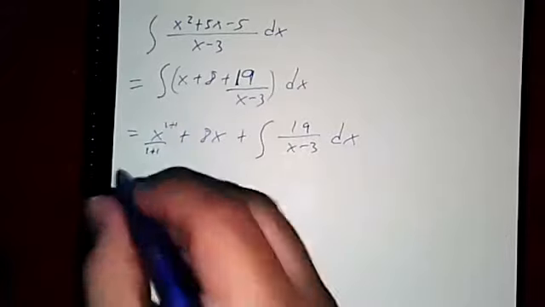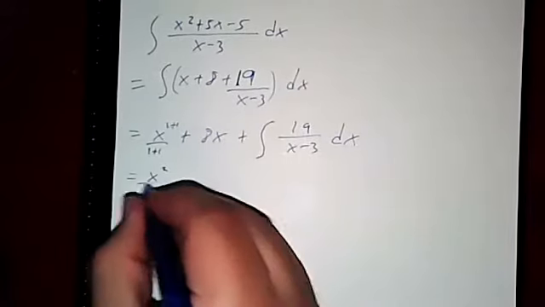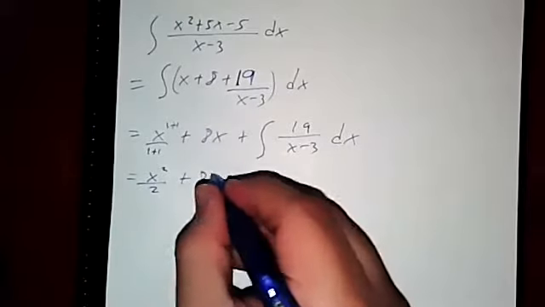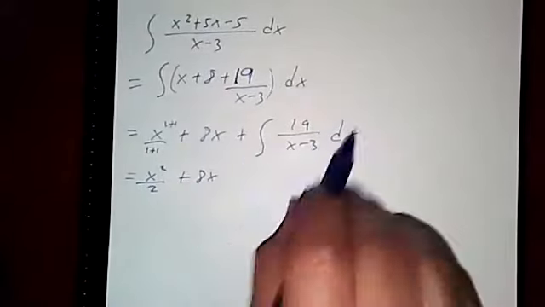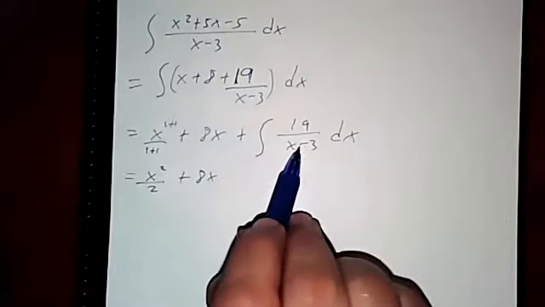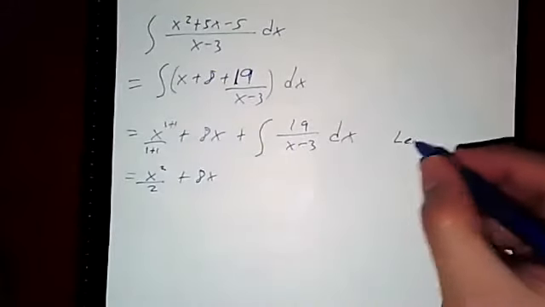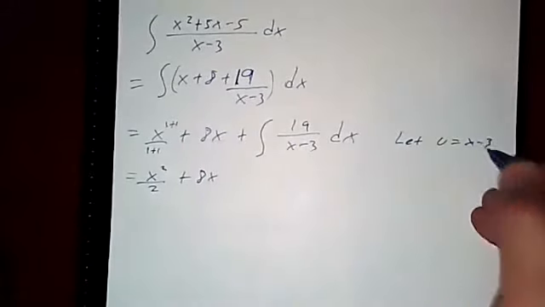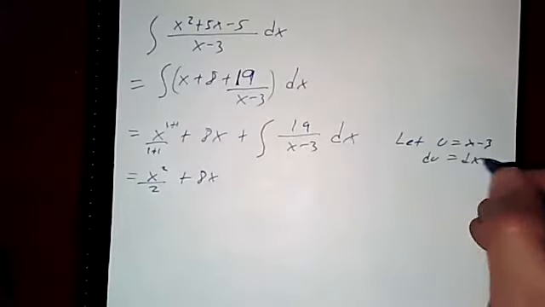Okay. So then once you get here, we've got to integrate this guy. This is the new stuff. This is the ln integral we've got to deal with. So let u equal x minus 3, du is dx.